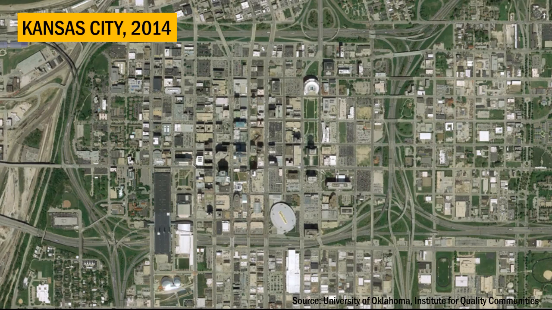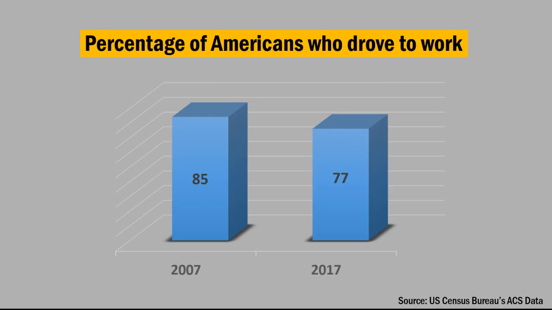According to the U.S. Census Bureau's American Community Survey's 2017 publication, about 77% of all Americans commute to work every day. Although the number decreased from 85% in 2007, it is still a significantly high percentage of Americans driving to and back from work every single day.